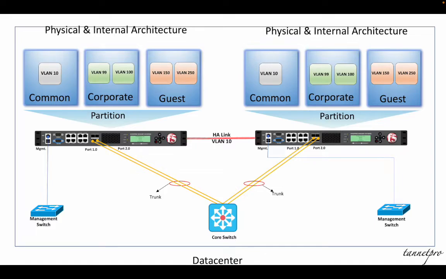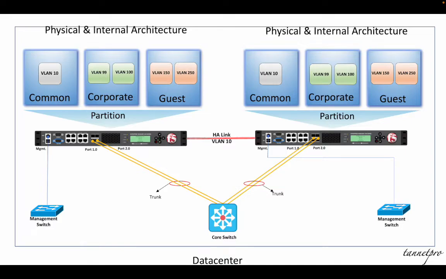I'll explain it more. Common partition is the default partition; here I have used it for the HA link purpose. Corporate has two more VLAN interfaces. Guest also has two different interfaces, inside and outside, or internal and external.